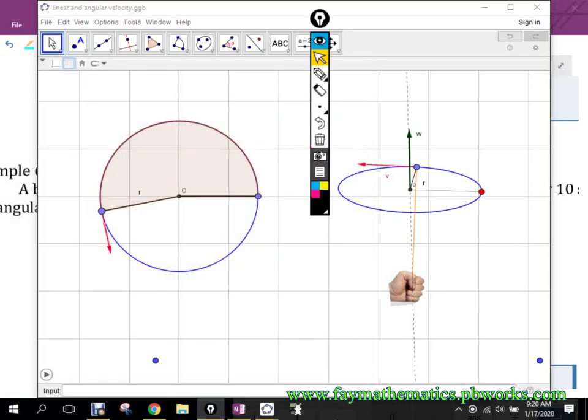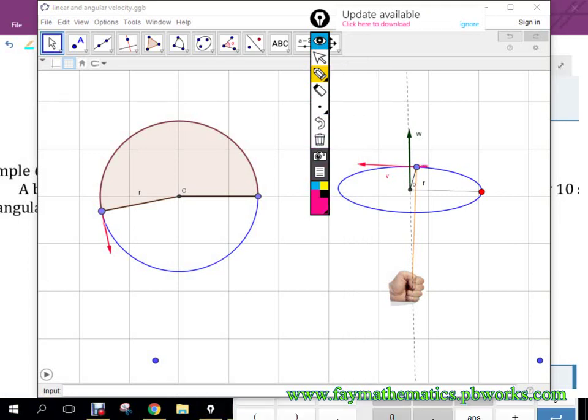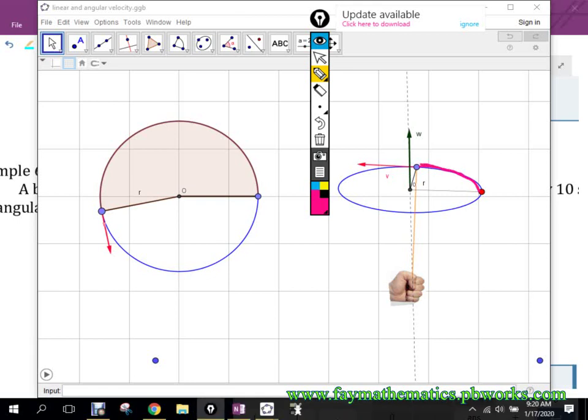The distance that it just traveled would have been that pink distance right there, right? Is that a portion of my circle circumference? What do you call a portion of your circle circumference? S. Why do you call it S? What's S represent? An arc length. So if it's rate equals D divided by T, D is distance traveled, right?